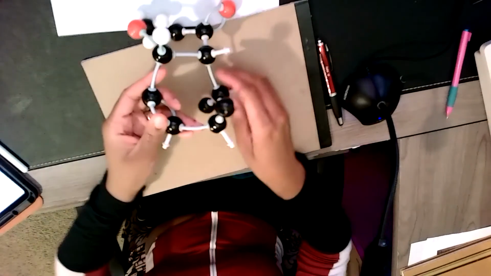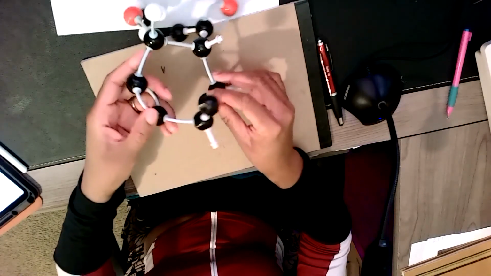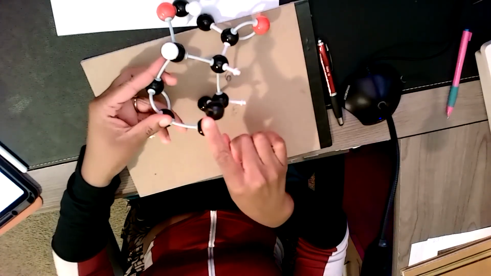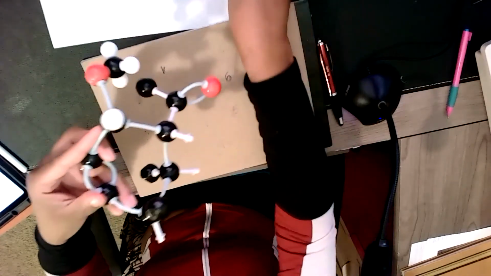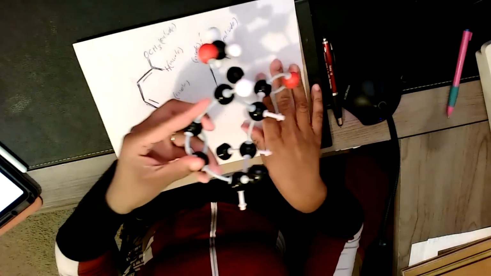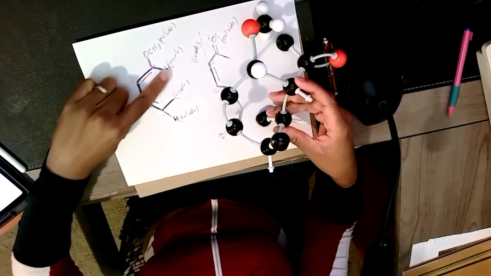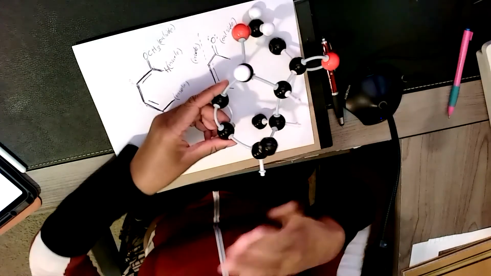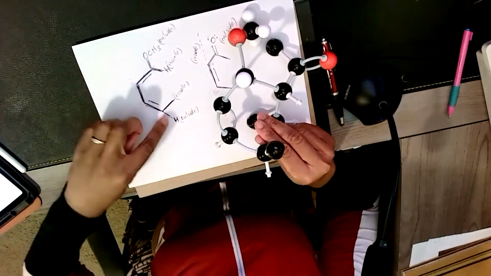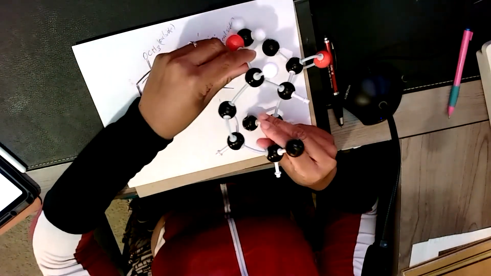Anything that was inside the fork, guys, this is the final. You see that CH3, it's even hard to tell. Anything that was inside my diene is pointing up, and anything that was outside is pointing down.